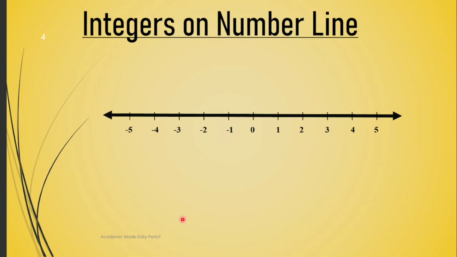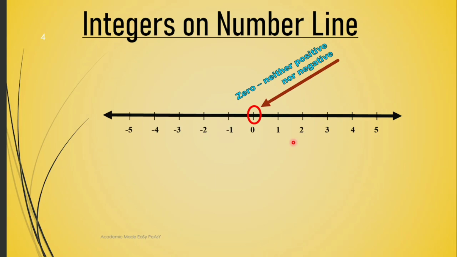Okay. I've just given a number line from minus 5 to positive 5. So you have to be careful with some tips for the number line. So what are the tips? Let's see. In a number line, 0 is the center number.